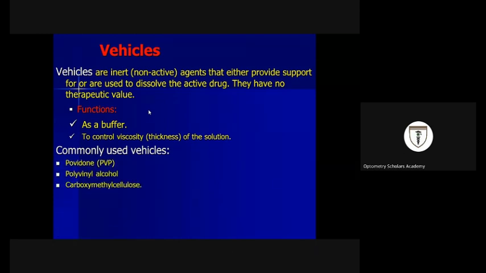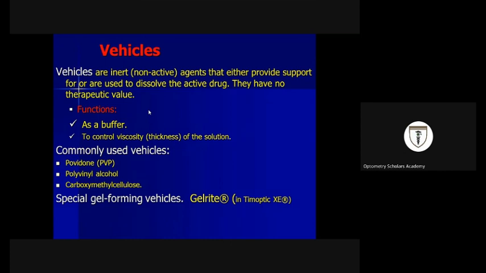Common examples of vehicles are povidone, PVP, polyvinyl alcohol, or carboxymethylcellulose. This carboxymethylcellulose is usually found in our artificial tears. So in our hypromellose drugs or artificial tears, you see this carboxymethylcellulose.